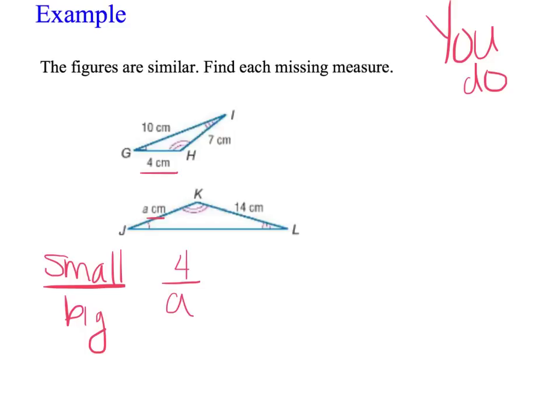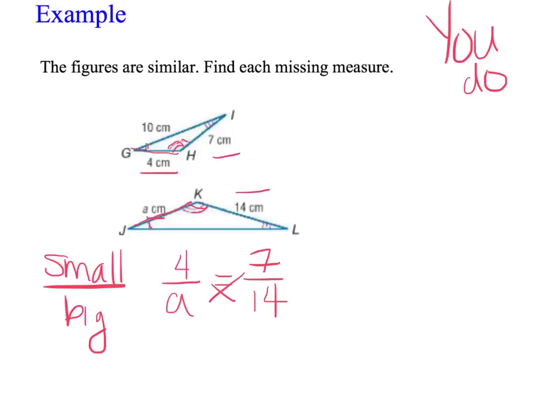Well, if you look at this angle G, it only has one little tick, and so does J over here, that one little tick. And then H has two little guys, and so does K. So I know that this JK is corresponding to this GH. So make that set equal to 7 over 14, big to small.